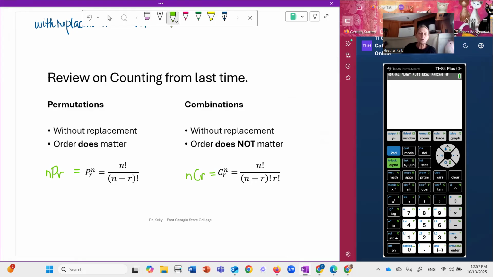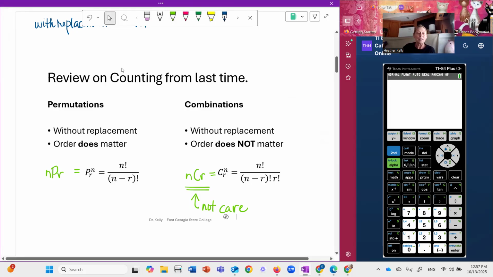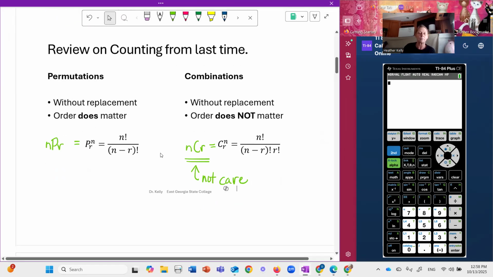And remember, you use the nCr when you not care. Right? And if you read it from left to right, you can see this like no care, you don't care, not care, we don't care. Over here, that's the other one. That's how I keep it straight. Anyway, let's just review these problems real quick before we start to lean on this and put that original probability idea together. Okay.